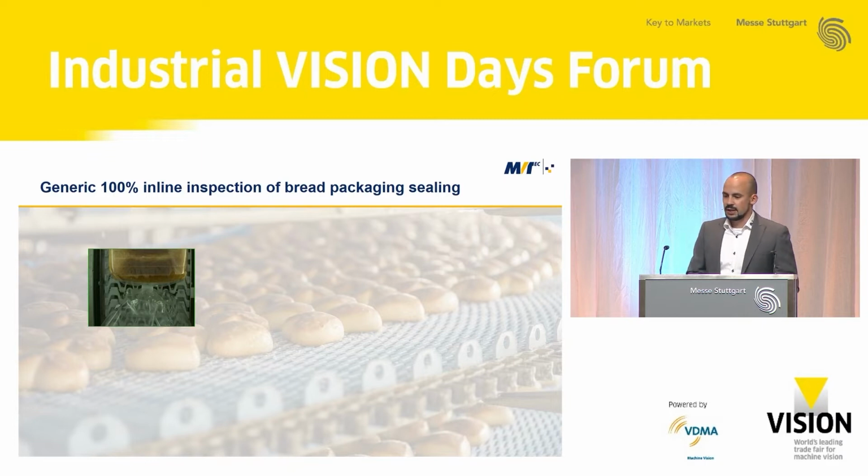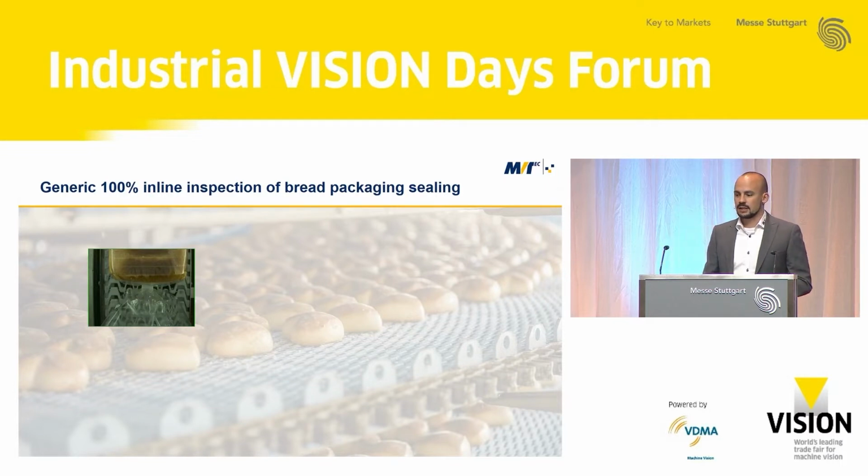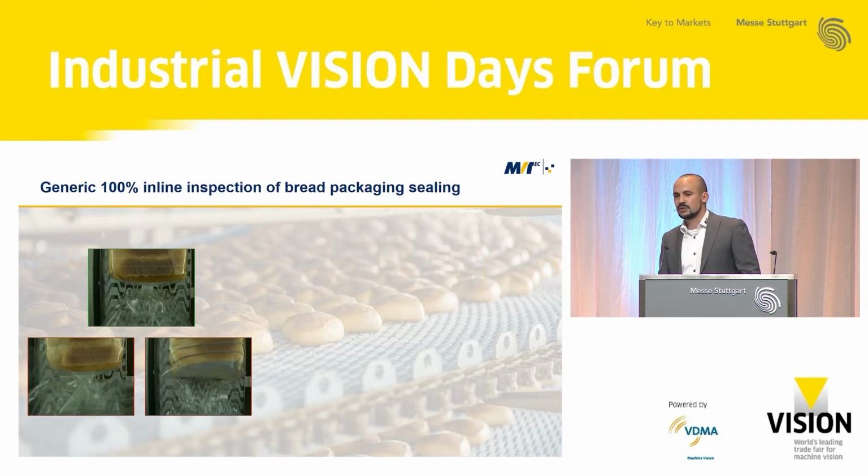On the left, you can see one example image from a top view of this inspection. Basically, this task had 2 views, top view and side view. This shows a good image where the sealing is correct. But there was a high range of different kinds of defects, like shown in the lower example images. On the right, you see a not closed sealing.